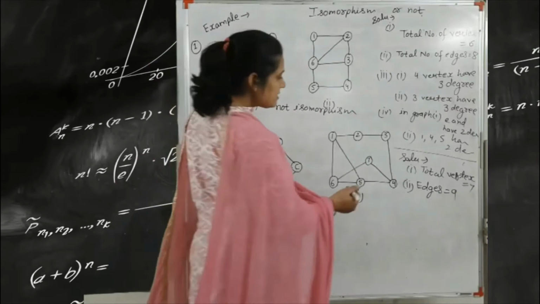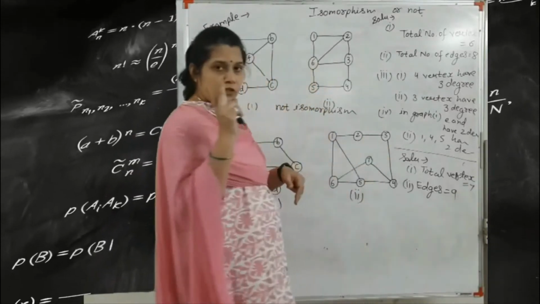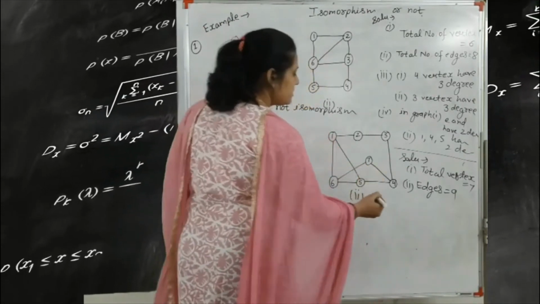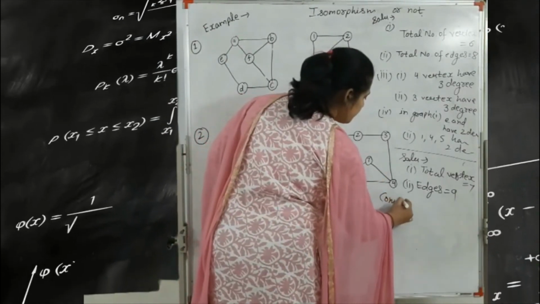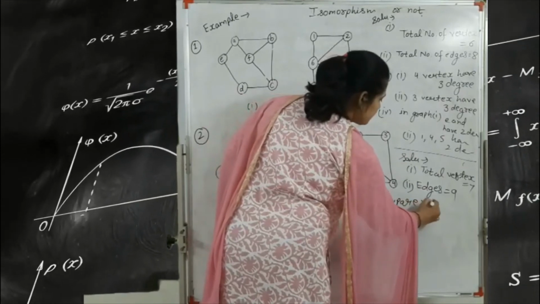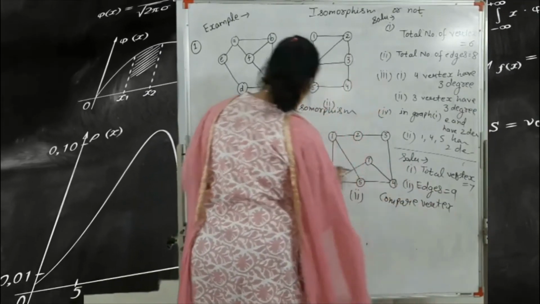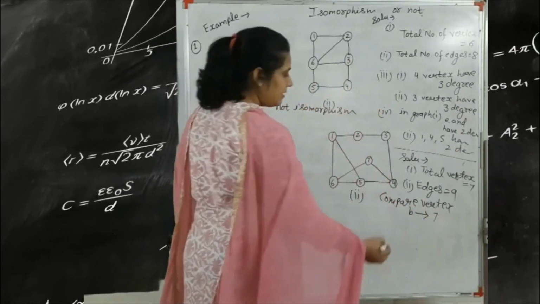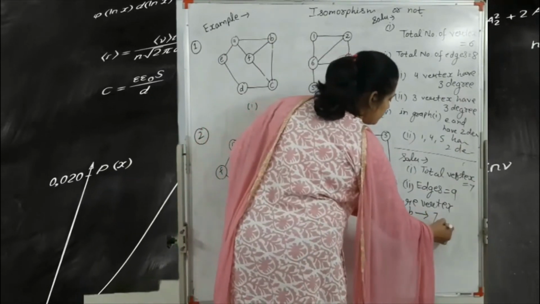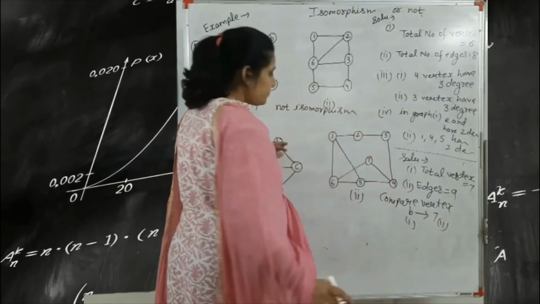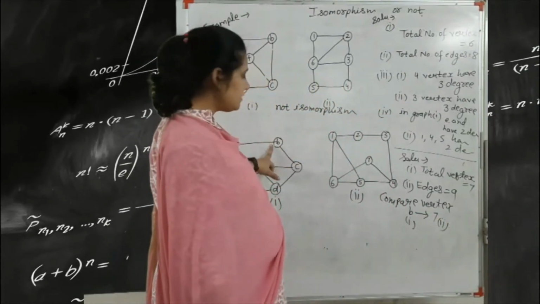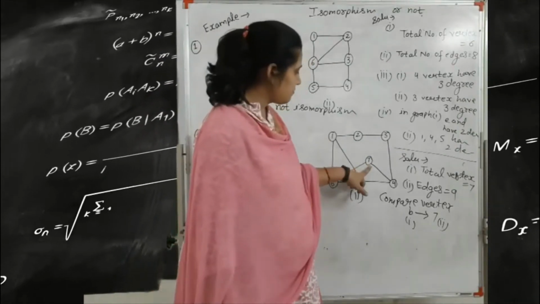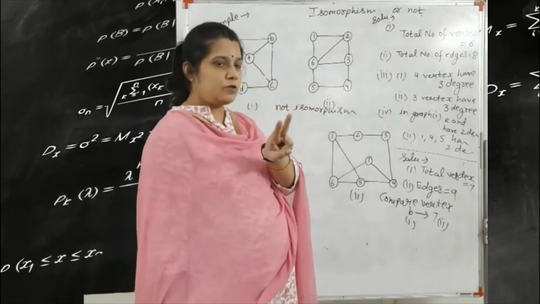In the second graph, 7 has degree 2. If we compare the vertices B in graph 1 and 7 in graph 2, B has degree 2 in graph 1 and 7 has degree 2 in graph 2.